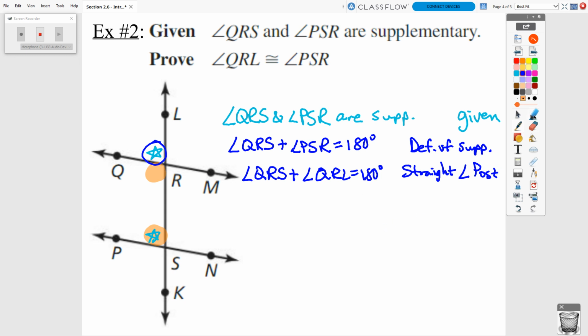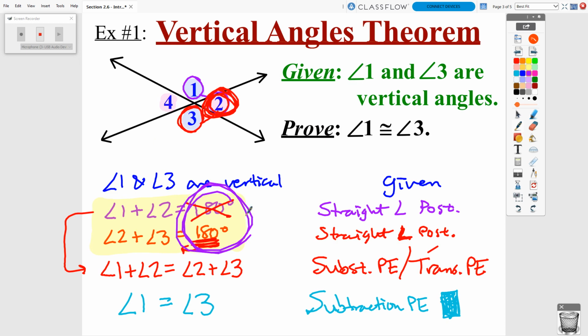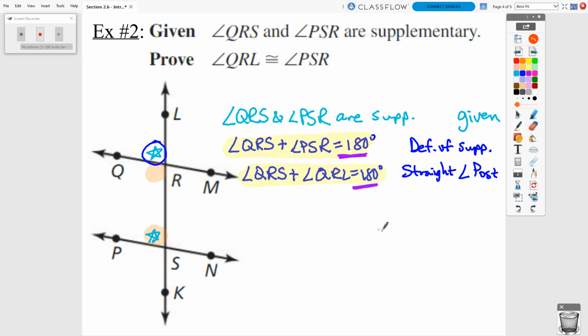Now, we're at that same point like we were at the vertical angles theorem, where we've got two pieces of mathematical information here, and now it's time to bring them together. So this all of a sudden is going to start looking pretty familiar. Because notice in both of these equations we have an equals 180 and equals 180. Well, we had that same scenario happen back in the vertical angles theorem, and so we get to use that same idea again.